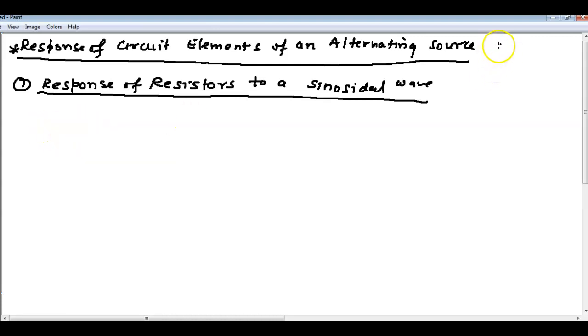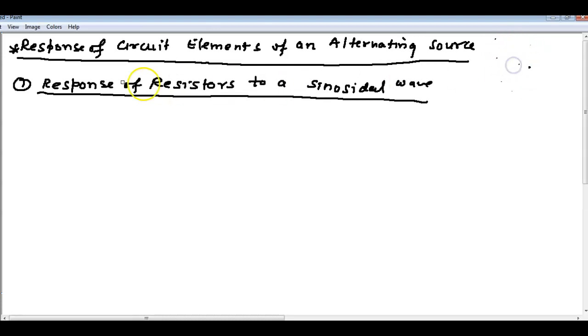There are 3 types we have to study: resistance, coil, also called inductor, L, and capacitor. So R is resistance, L is inductance, and C is capacitor. We have to study how the AC circuit responds when the resistance is connected, when the inductor is connected, and when the capacitor is connected. All 3 derivations we have to study, and then we will study the RLC circuit, the combination of all 3. This question is important and the derivations are also important.